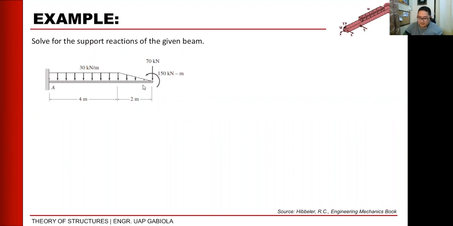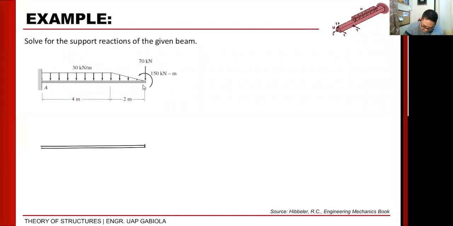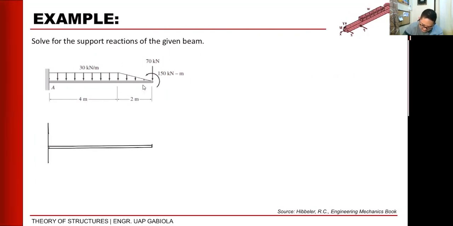So, first condition natin is to, again, draw our free body diagram. Okay? So, our free body diagram will be like this. Okay, naka-fix dito. Then we have a rectangular load.